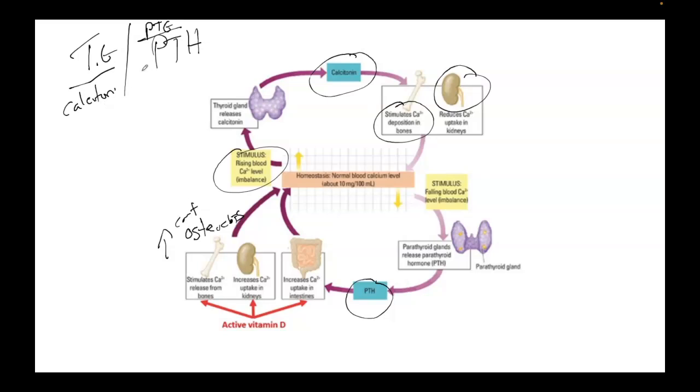What is calcitonin going to do? What is parathyroid hormone going to do? Calcitonin's goal is to decrease calcium level in the blood. Parathyroid hormone's goal is to increase calcium levels in the blood. That's the take-home message there.